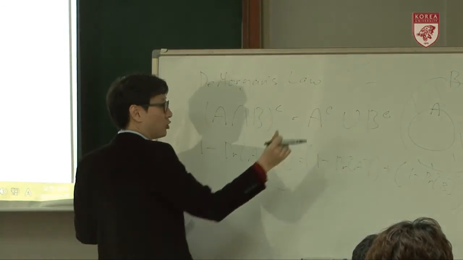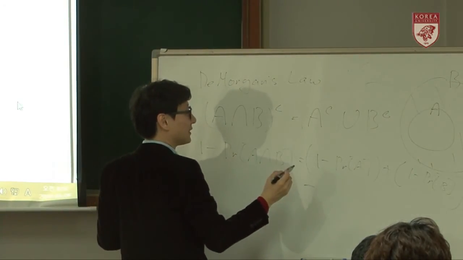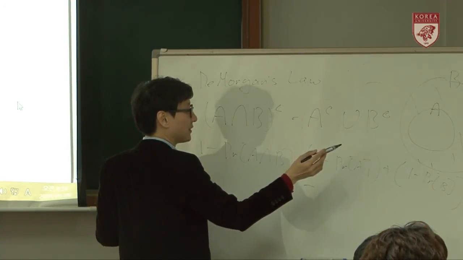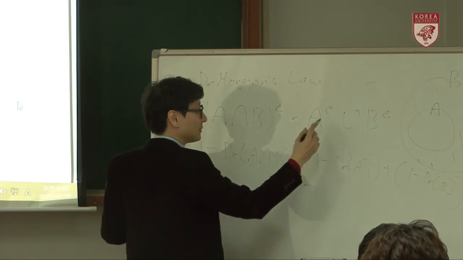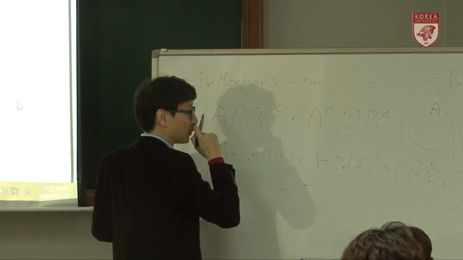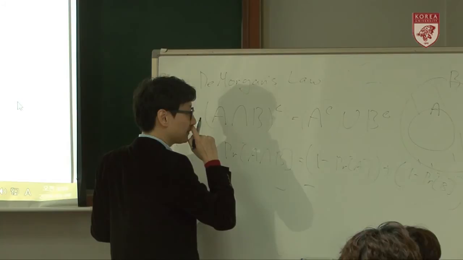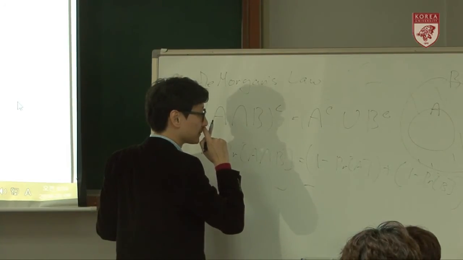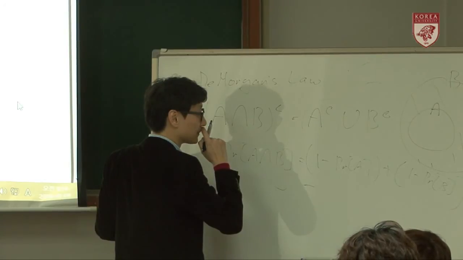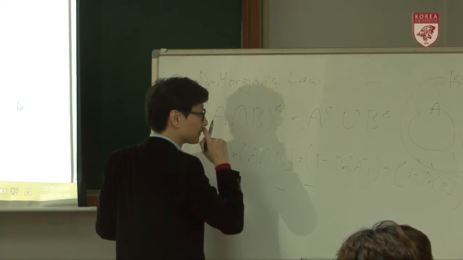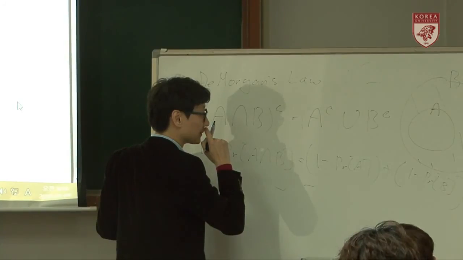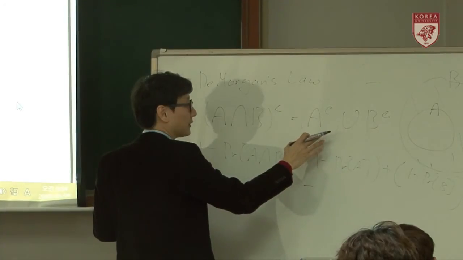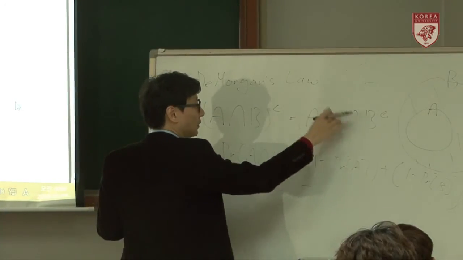And because this is your union, here we minus this one and this one. This one and this one, then what's the right way? And then we have to subtract the intersection of this one and this one.